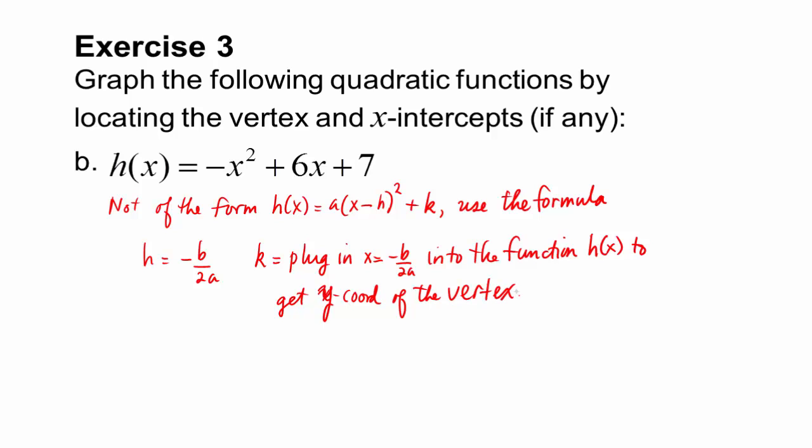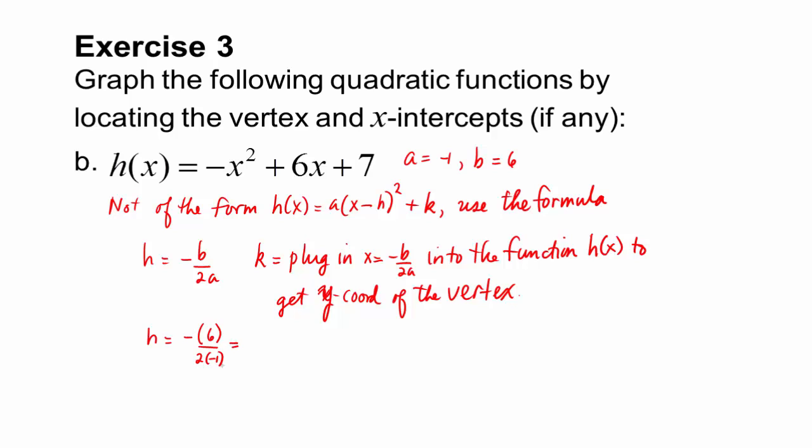Okay, so let's try that. That means we define a here to be -1, b is 6. So that looks like what? Well, that means h is equal to negative of 6 over 2 times -1.